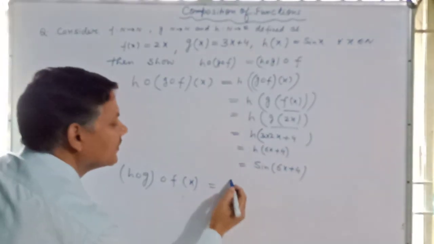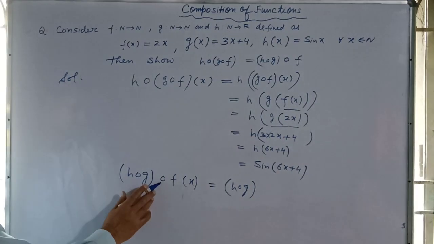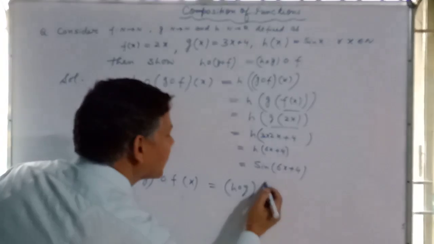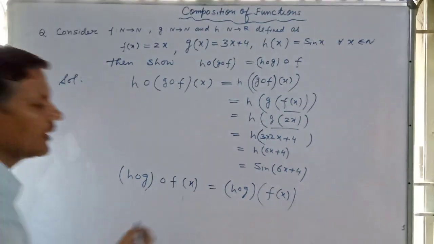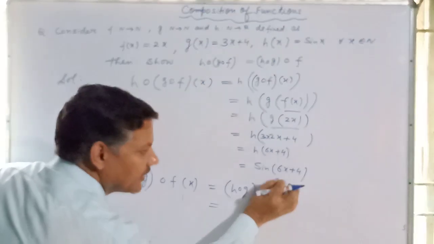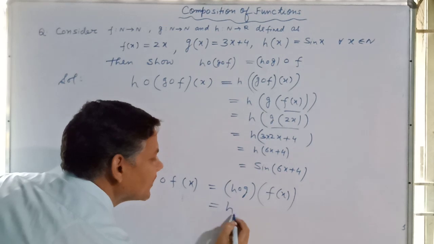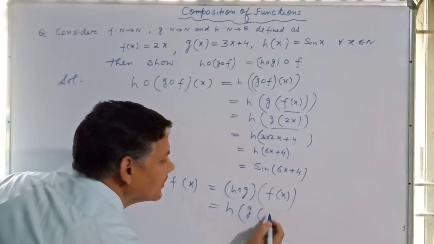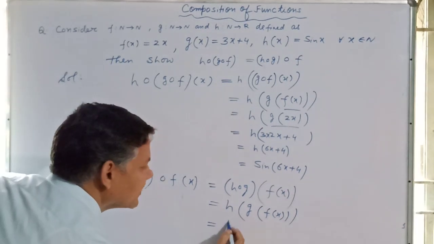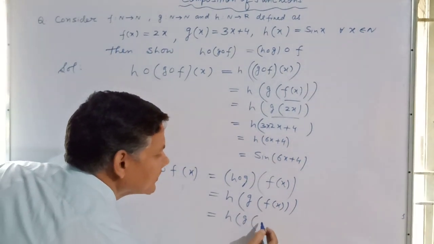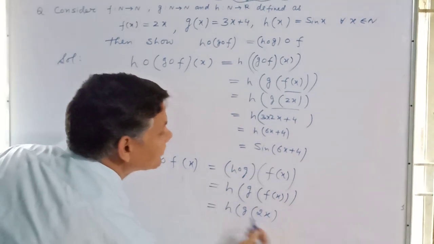By the definition of this function it converts as h of g of f(x), where f(x) is 2x.